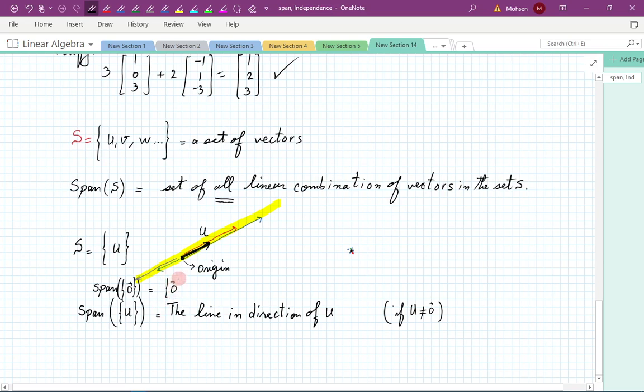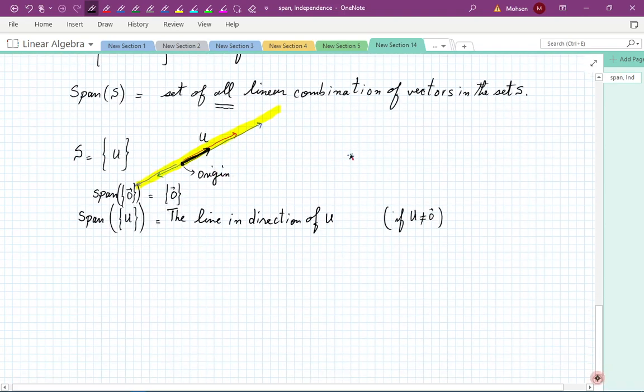If I have essentially nothing to begin with, I cannot build anything out of it. If they give you an empty bucket of Lego pieces and ask what you can build, well, the bucket could be big, but if there's nothing in it, there's nothing for me to build. So if you begin with a 0 vector, all you can build is just that 0 vector. That's a trivial extreme situation. Okay, so span of one vector is just a line.